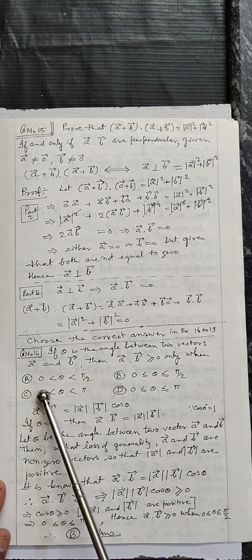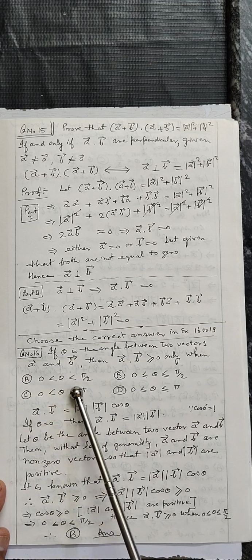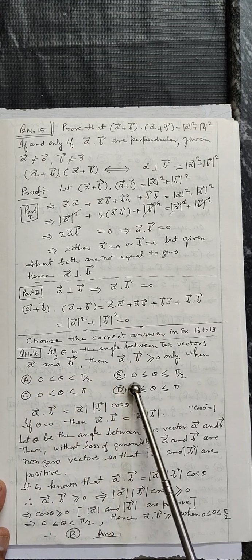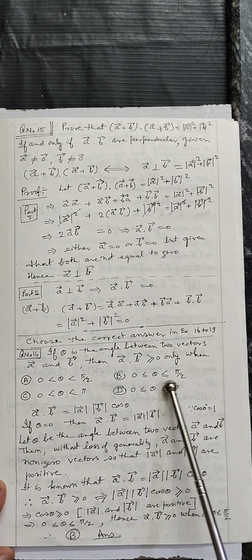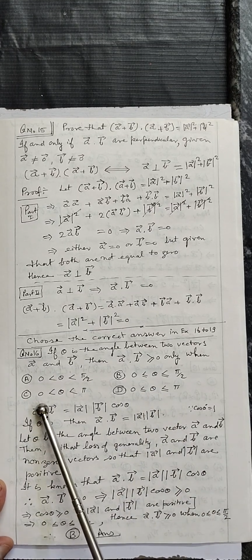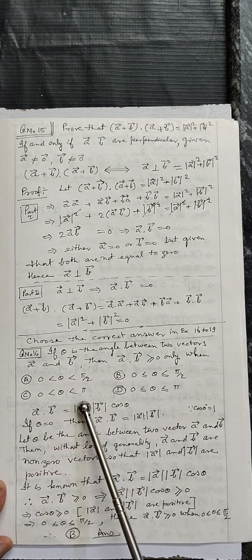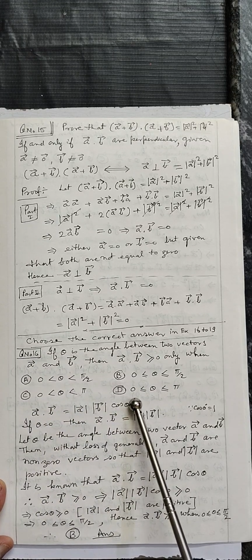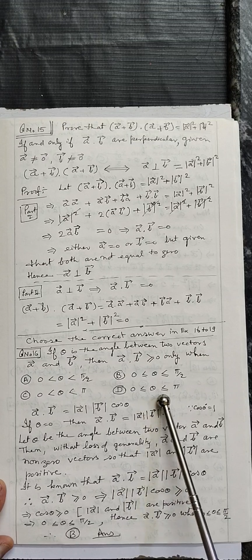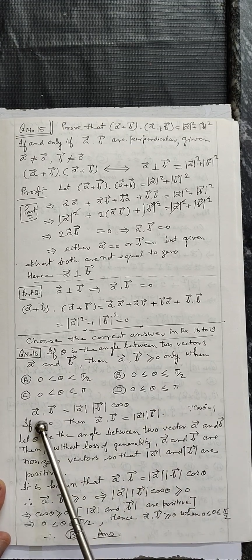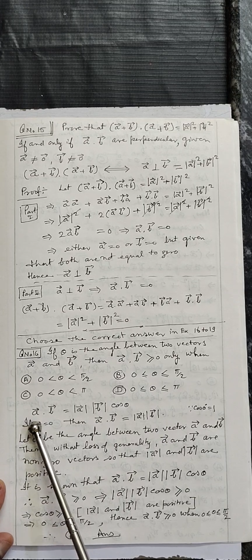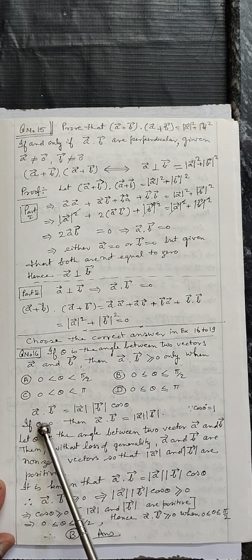A, that is 0 is less than theta and theta is less than pi by 2. B, that is 0 is less than or equal to theta and theta is less than or equal to pi by 2. C, that is 0 is less than theta and theta is less than pi. D, that is 0 is less than or equal to theta and theta is less than pi. These are the 4 options. So we have to choose which will be the correct one.